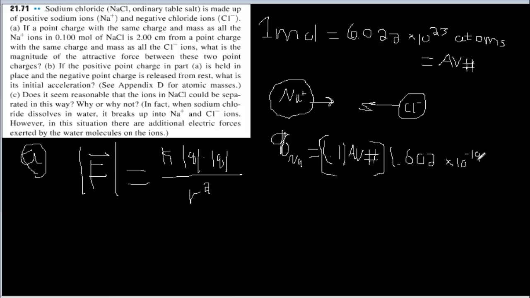And that will give you the charge of 0.1 moles, or 0.1 times Avogadro's number's charge. And that will be the same, actually, because these are both magnitudes. Q Cl minus will be equal to the magnitude of Q Na plus, because we're dealing with the same amount of particles and it's going to have the same exact magnitude of the charge.